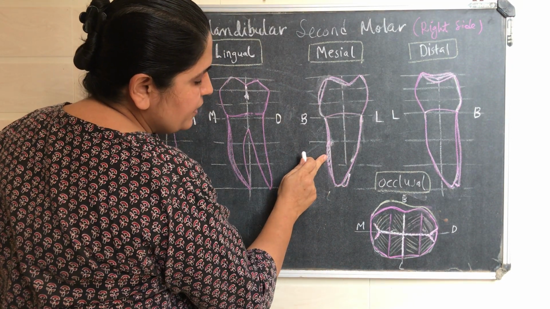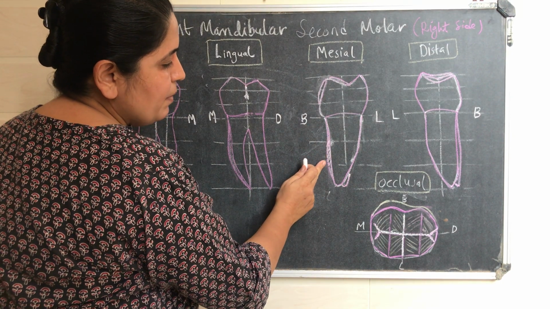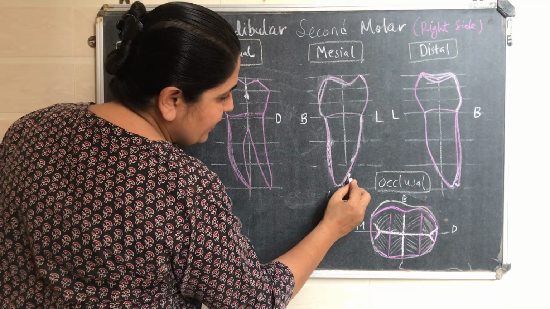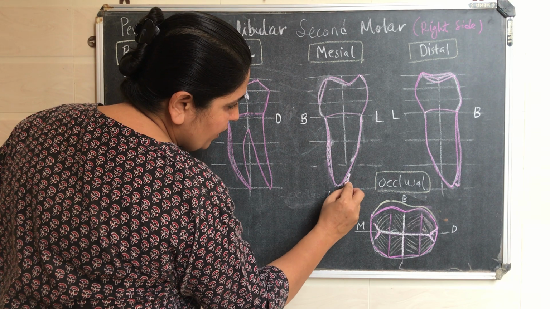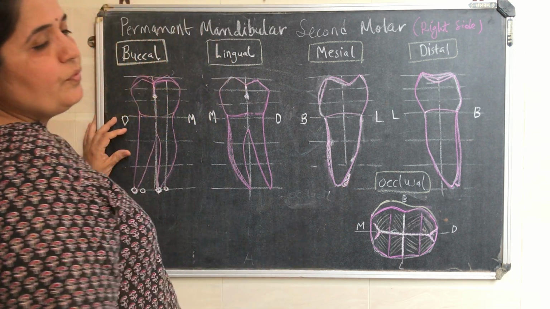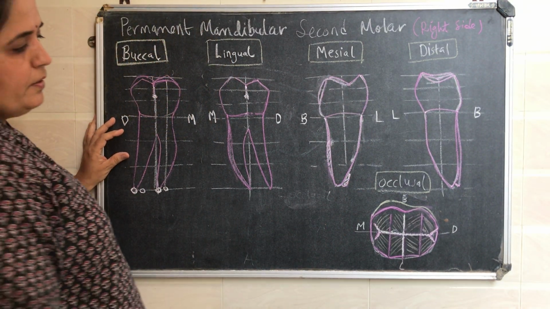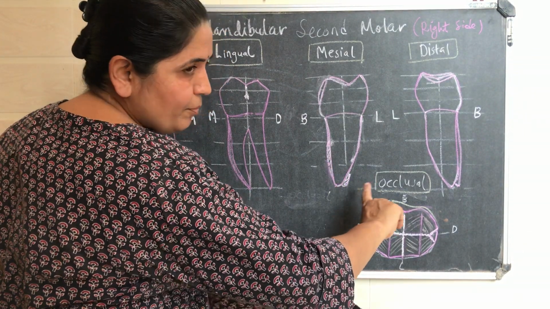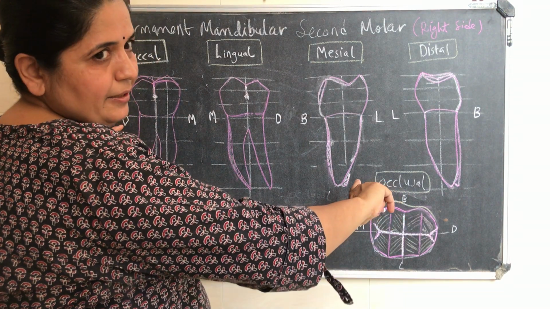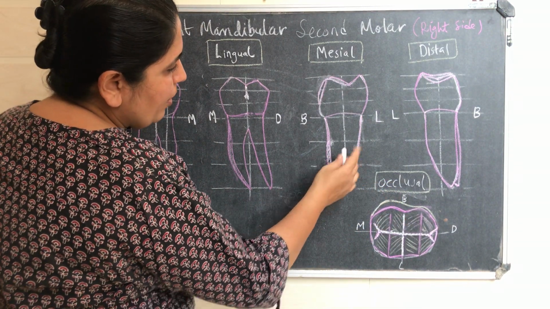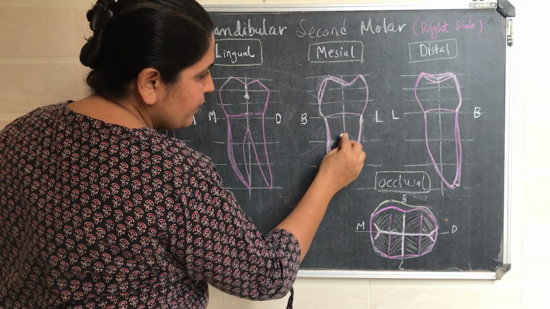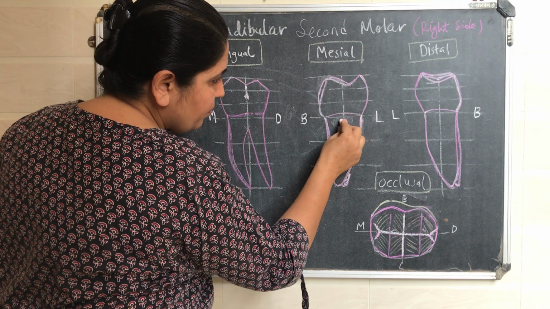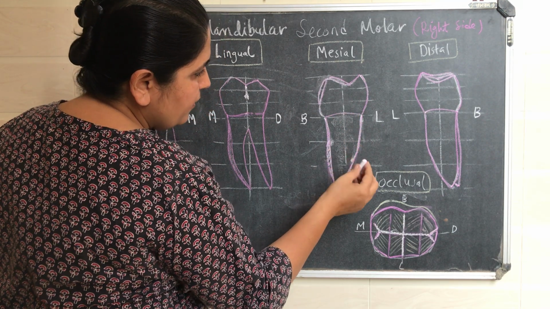So part of the distal root is visible from the buccal side, and this is the portion of the apex of the distal root. This is the portion of the apex of the distal root which is visible from the lingual side. Right?